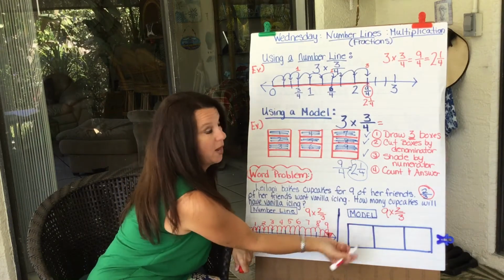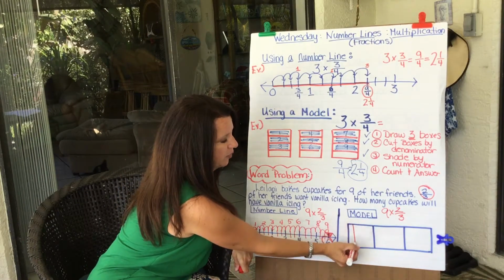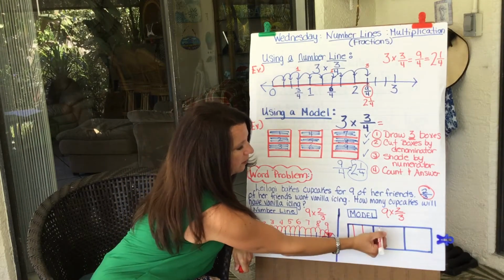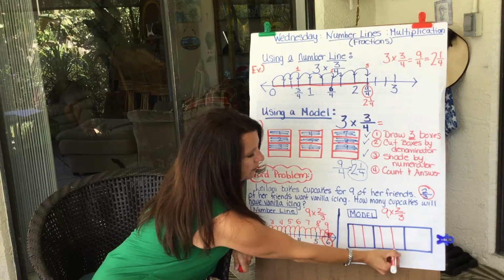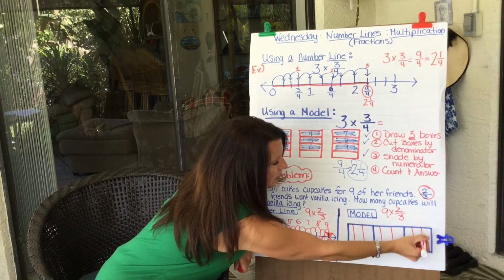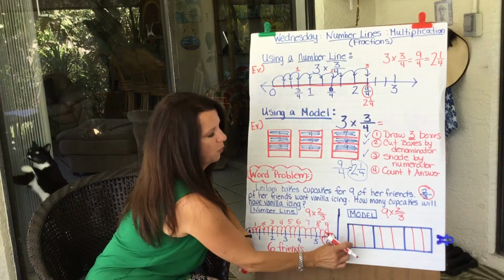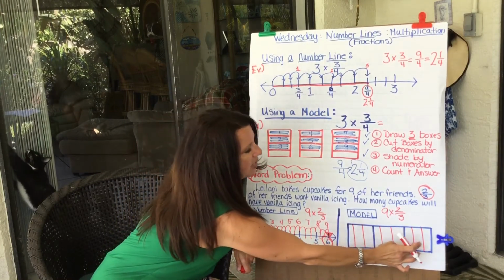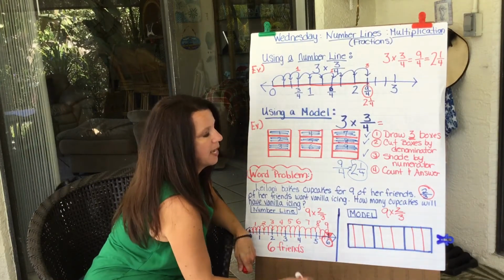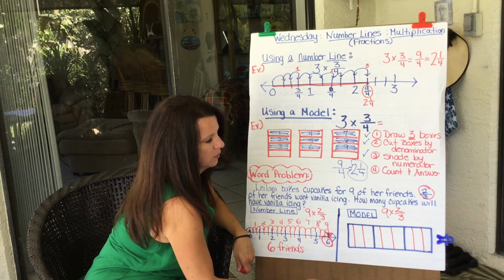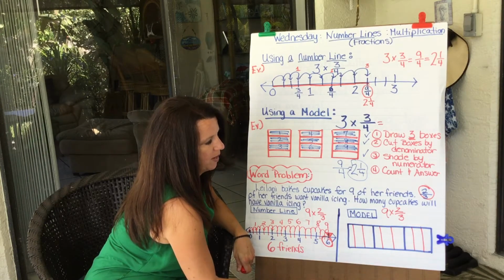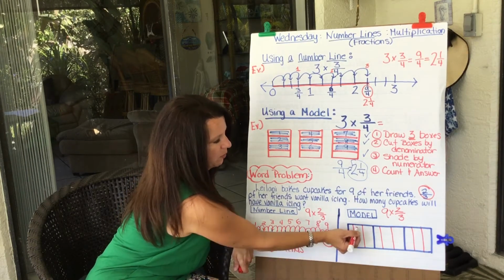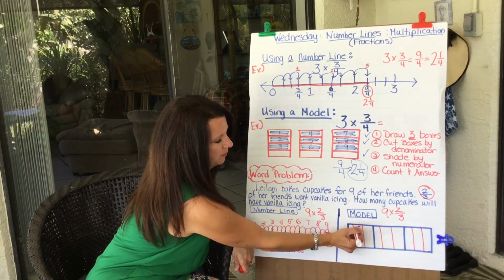All right, so what I need to do is split these into thirds, because that's going to represent what we're doing. Also, 1, 2, 3, 4, 5, 6, 7, 8, 9. 9 times 2/3. So we want to fill out 2/3 of it. So 2/3 of each.